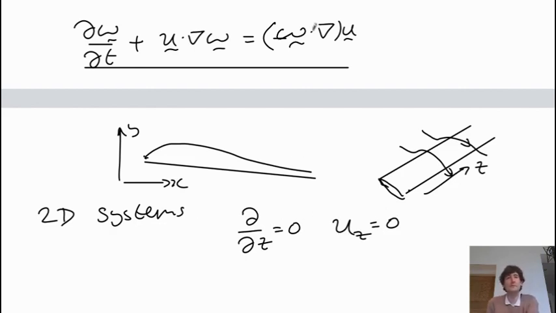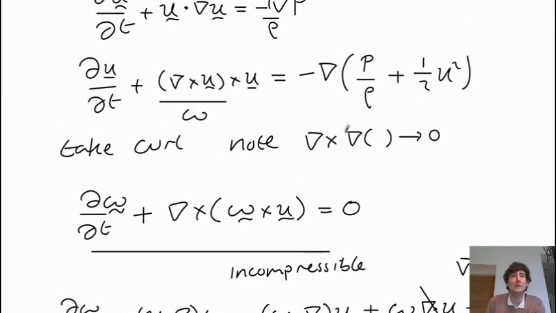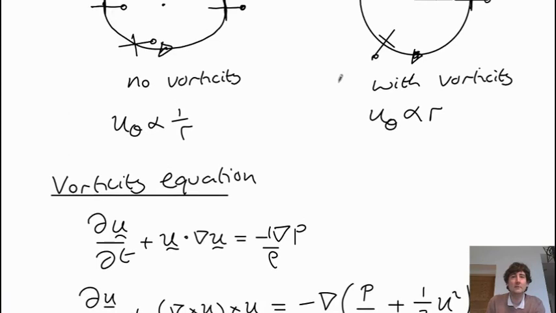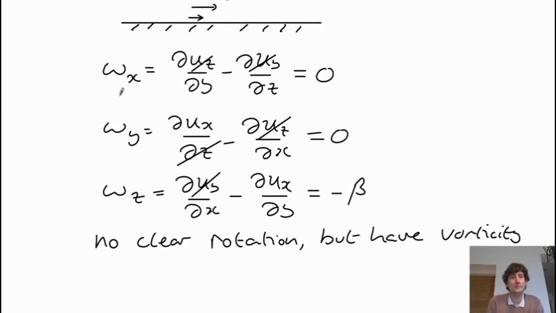And in this case, this simplifies the vorticity considerably, because if we go back to the definition of the vorticity components, so this is the components of the curl, if we're assuming that uz is 0 and d by dz is 0, then omega x goes to 0. Same reason omega y also goes to 0, so uz is 0 and d by dz is 0.